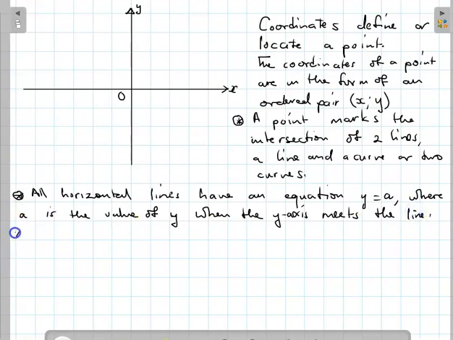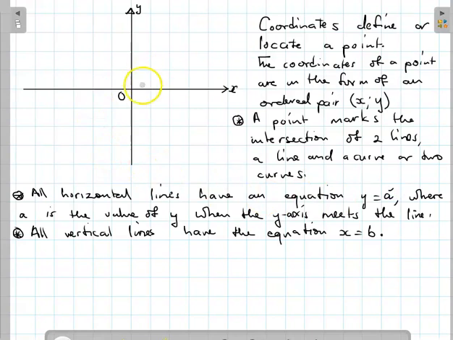In the same manner, all vertical lines have the equation x equals, say, b. Now, b can be any number just as much as a here can be any number.